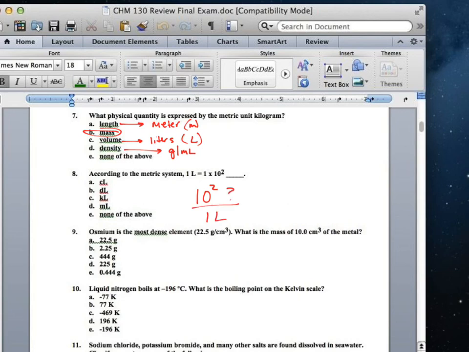Question over 1 liter. Well, we'll do it this way. Shoot. How can I do this without actually saying the answer? Did anybody got an idea on this? It's none of the above.